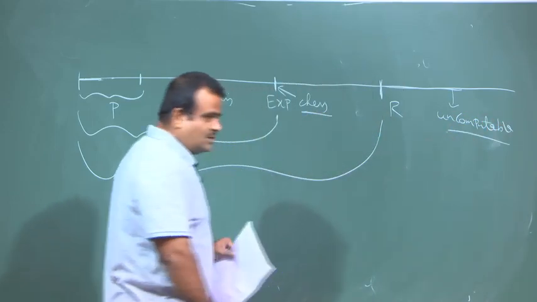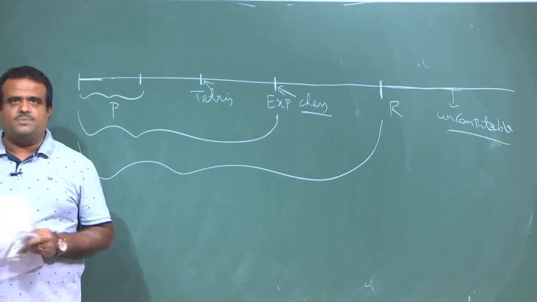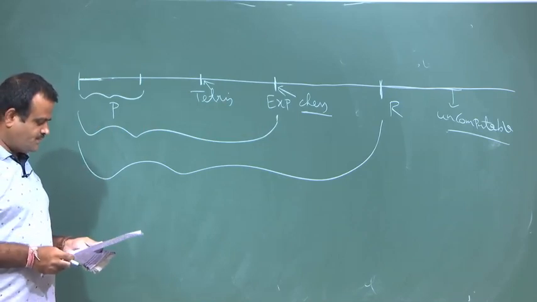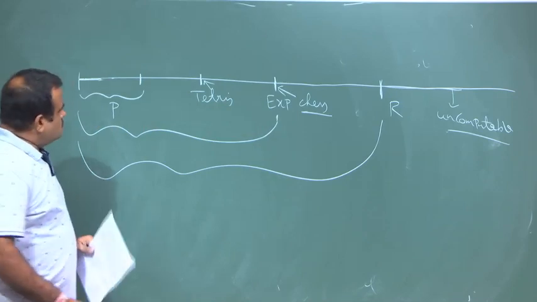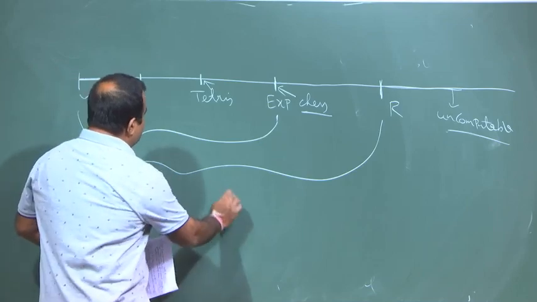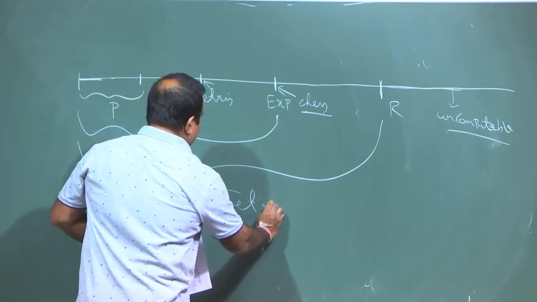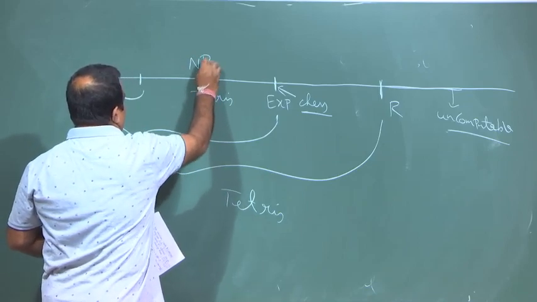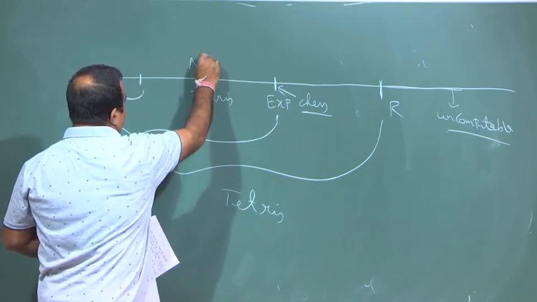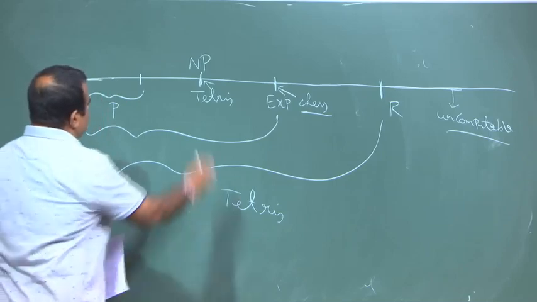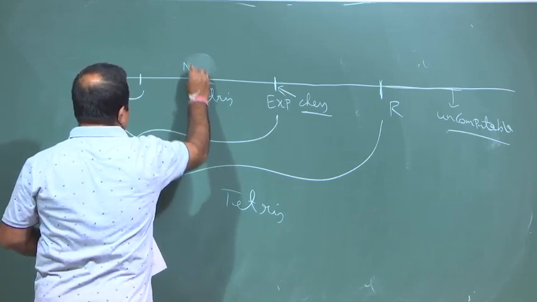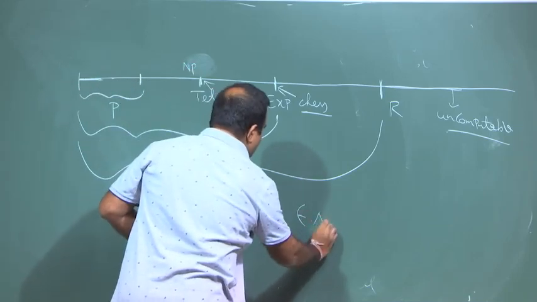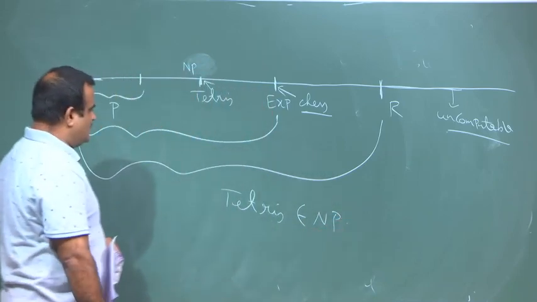Most of the decision problems are uncomputable. We proved that in the last class. So, what have we seen? We have seen Tetris. This is NP, and we have seen Tetris in NP.